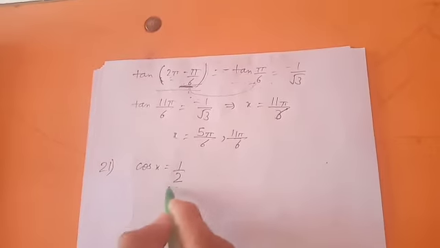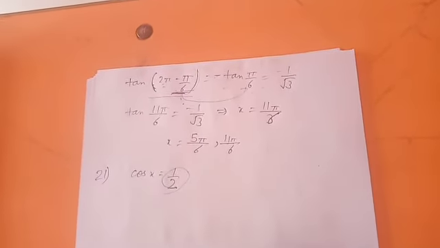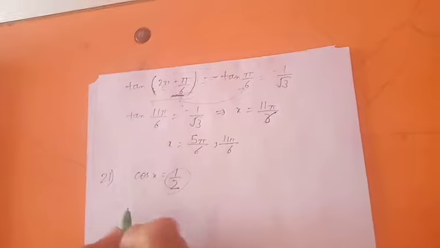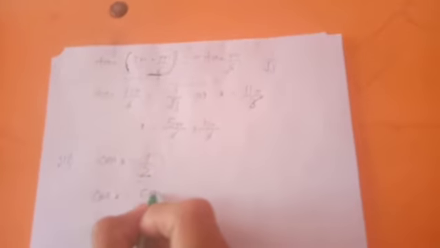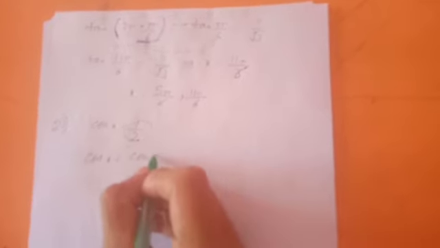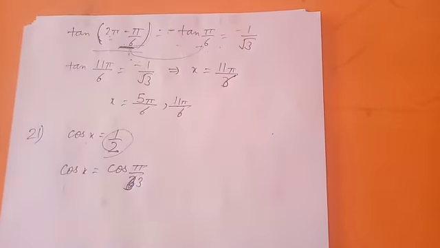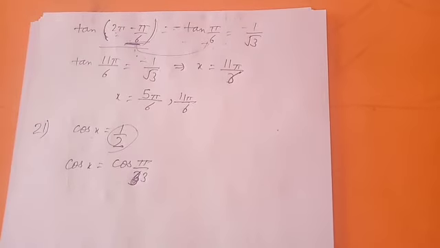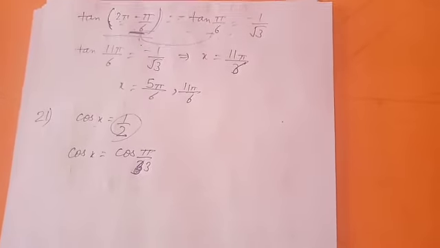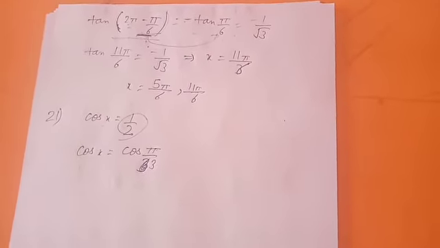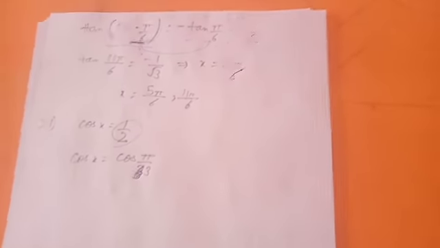For what value of x is cos 1 by 2? That is cos x equal to cos of pi by 3. Pi by 3 means 60 degrees.